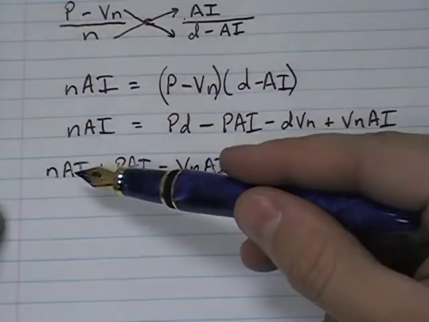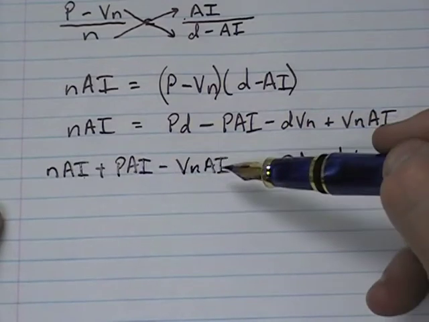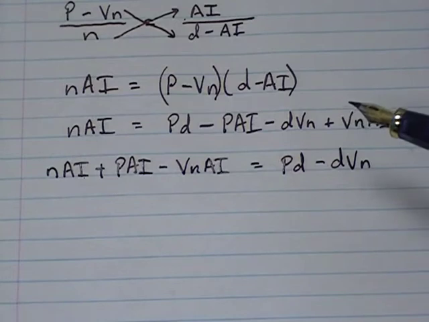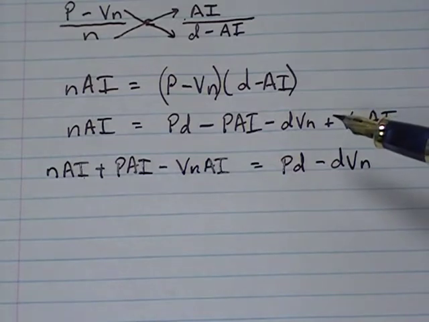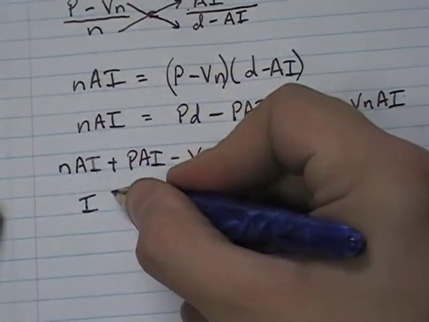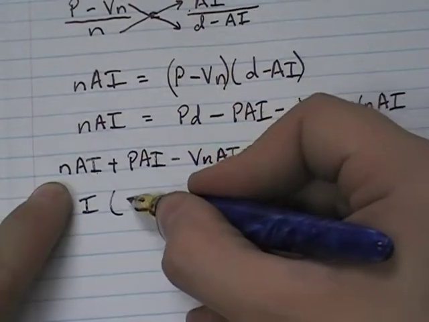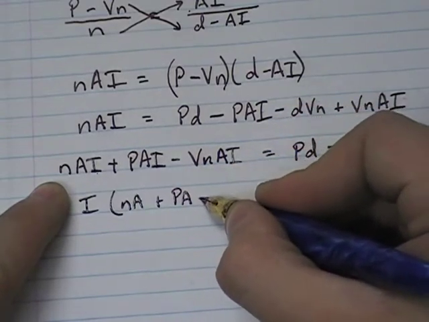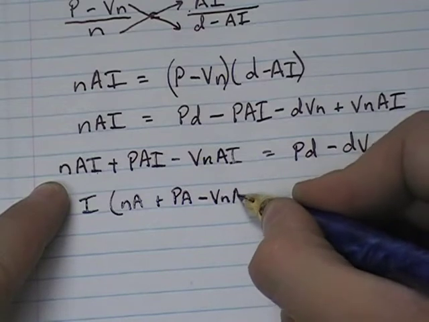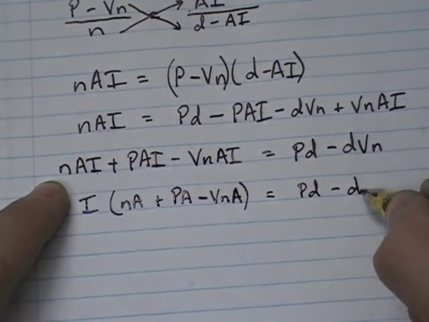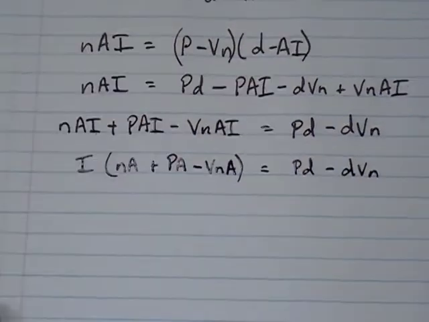Okay? Now, I have an I here, I have an I here, and I have an I here. It is a common factor. So what can I do with that common factor? I can take that common factor out. And so I can get I times what's left? NA plus PA minus VNA equals PD minus DVN.